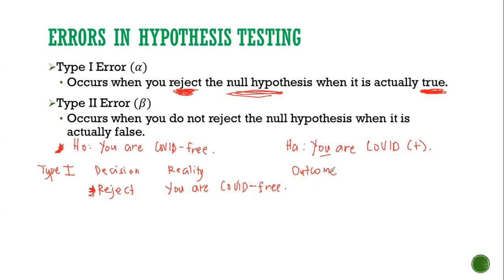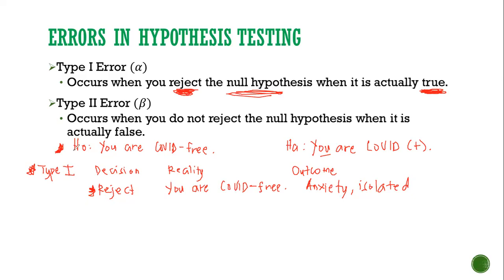So what would be the outcome? Siyempre yung pasyente mo, he or she will experience, of course, anxiety. Yan. He or she needs to be isolated. Yan. Pero sa totoo lang, COVID-free siya. Pero dahil nagkaroon ka ng type 1 error sa decision mo, instead na you will not reject it, kasi nga true, you will just stay na sasabihin lang sa kanya, uy, COVID-free ka pala.